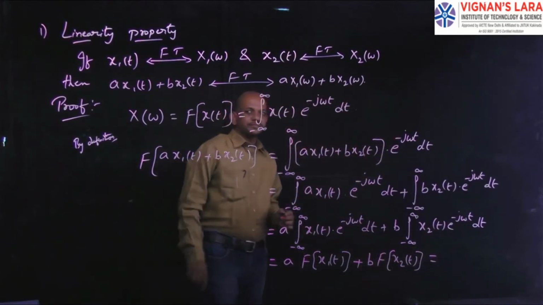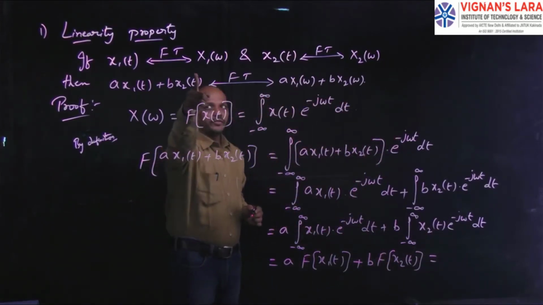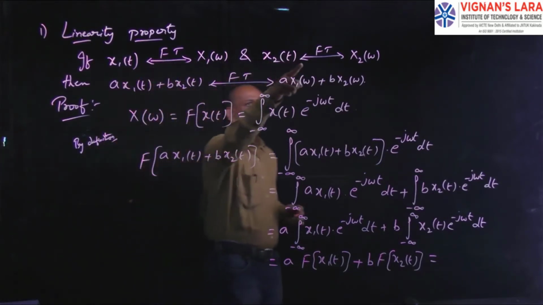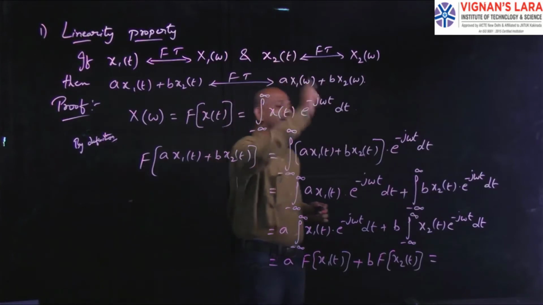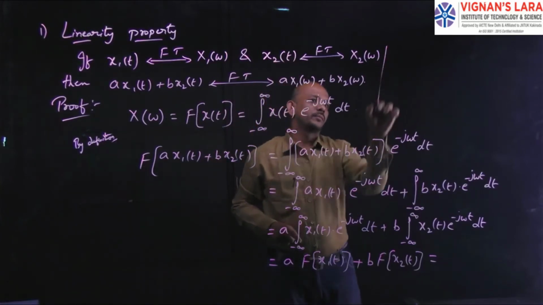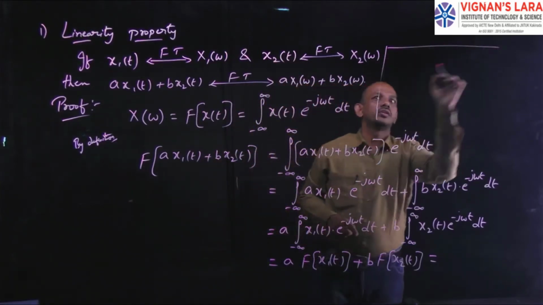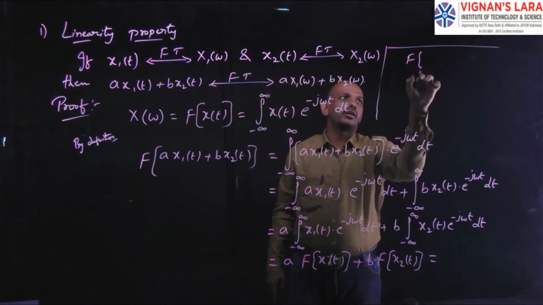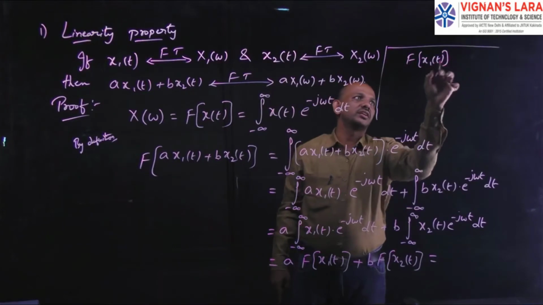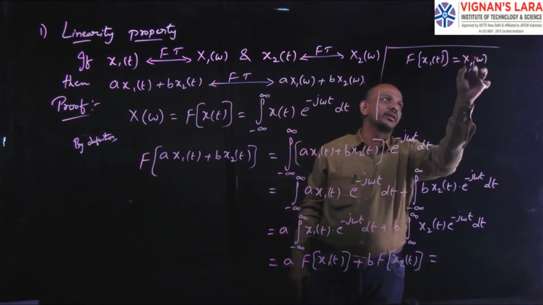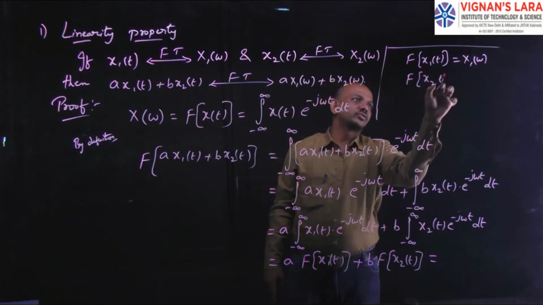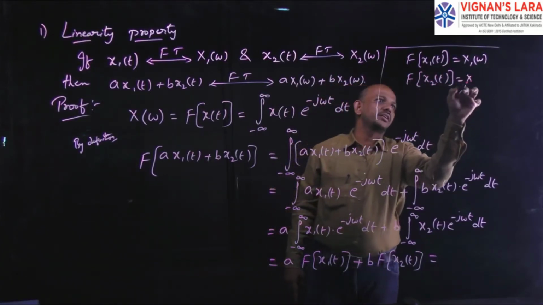To, see, they had given the Fourier transform of x1 of t as X1 of omega and the Fourier transform of x2 of t as X2 of omega. So from this, they had given Fourier transform of x1 of t is nothing but X1 of omega, and Fourier transform of x2 of t is nothing but X2 of omega.